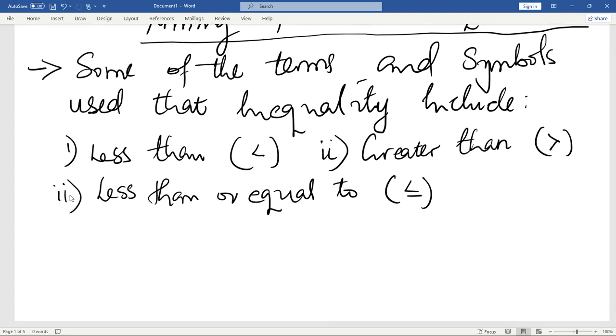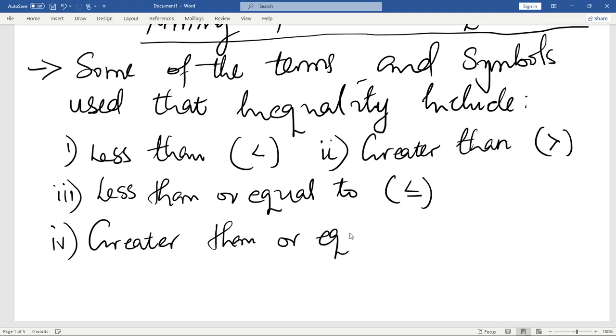So that was 3. The fourth one, we're simply going to say greater than or equal to, like this, and the symbol that we have here is like this. So now, less than, greater than, less than or equal to, greater than or equal to.